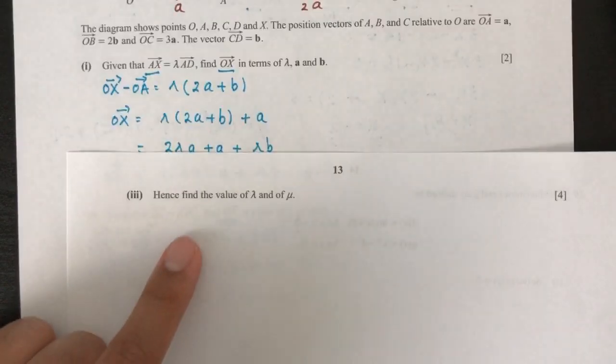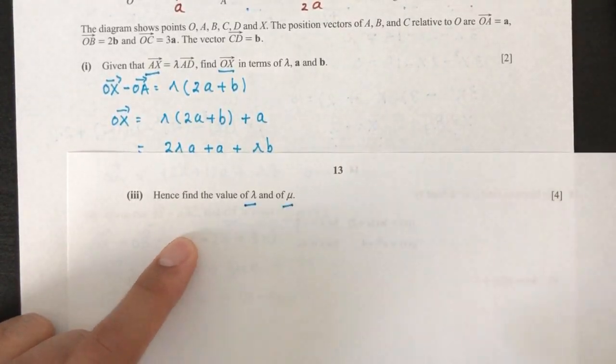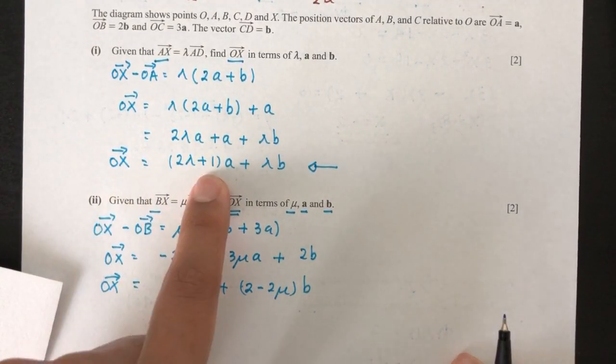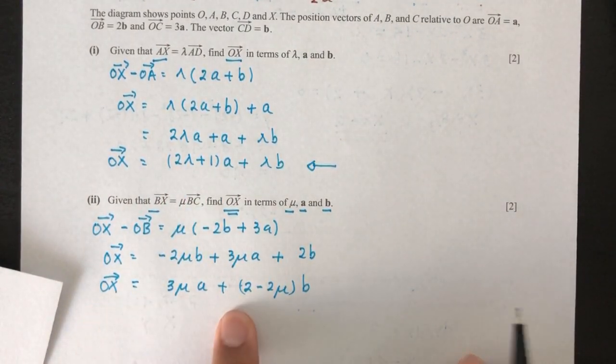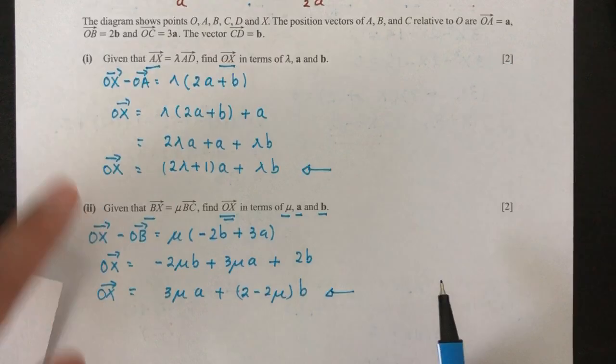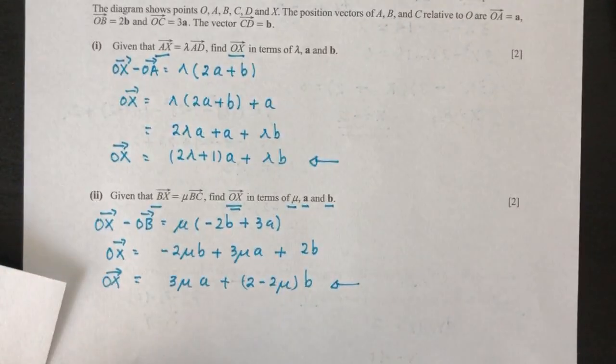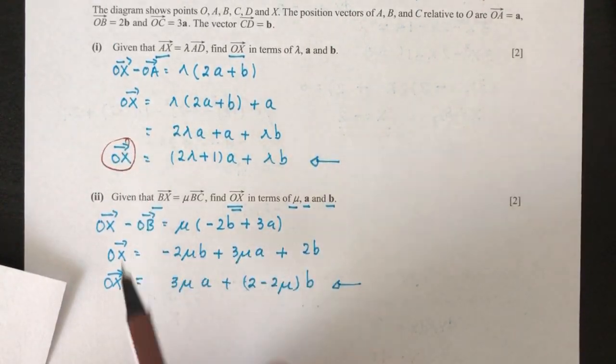Now for part 3 we have to find the value of lambda and mu. If you observe, we have OX is equal to this and OX is equal to this. So we know that OX and OX are the same thing. We can solve them simultaneously. So basically replace this by this.